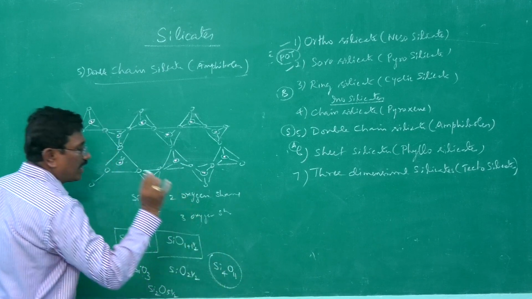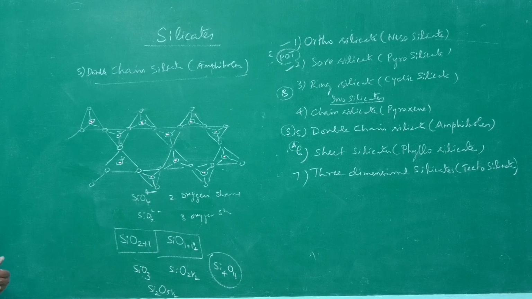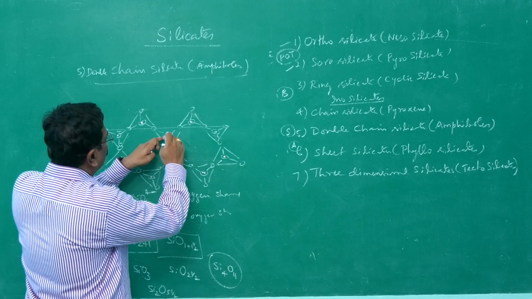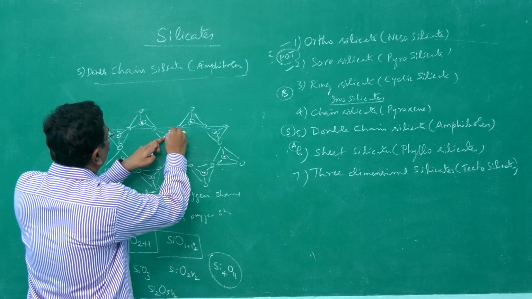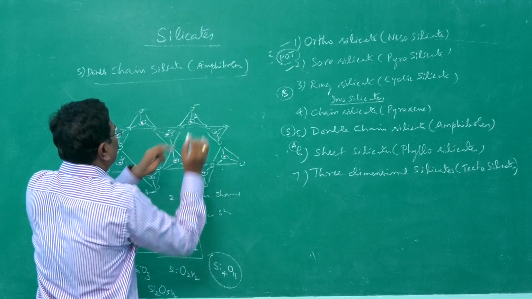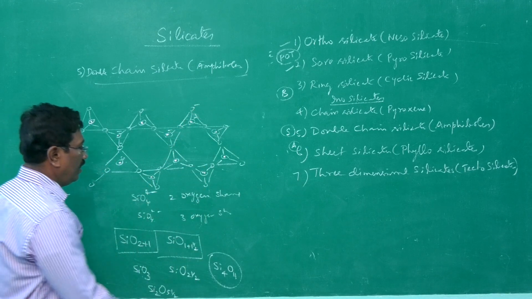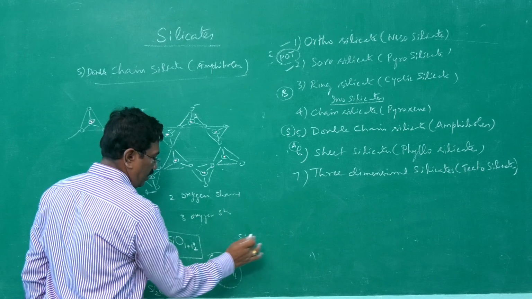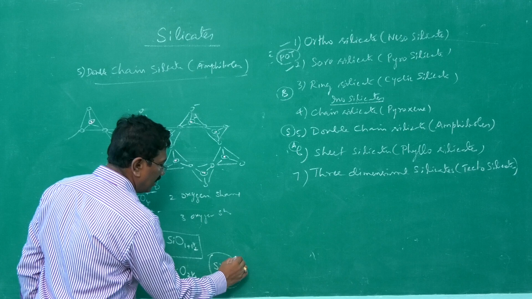So total empirical formula we have arrived at, it is Si4 O11. What about the charge then? Charge also can be calculated in the same manner. If I consider one silicon of this kind, only 1 minus charge. If I consider this silicon, 2 minus charge. So for 2 silicon, the charge is 3. For 4, it should be 6 minus.